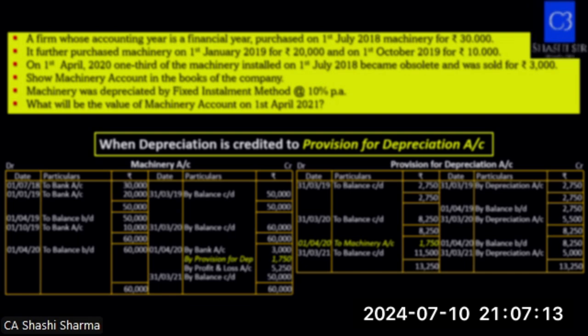So there will be three different accounts. One for machinery, one for the provision for depreciation, and in the year of sale, one more account will be prepared: asset disposal account. This account is not prepared in every year. Only in the year in which some asset is sold, this special account will be prepared.